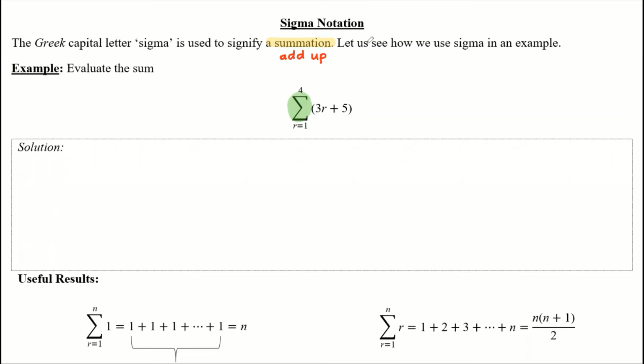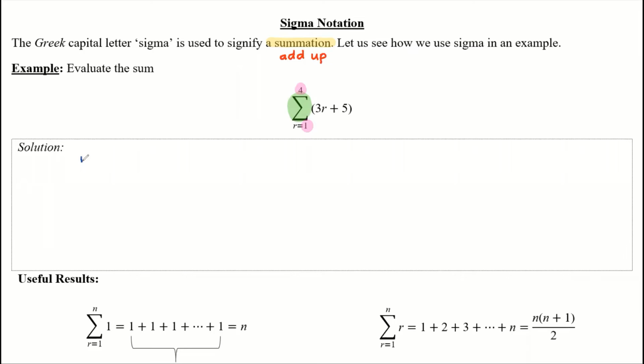We have a lower limit, r is 1, and an upper limit, which would stand for r equals 4. Now, the easiest way to explain this would be just to write out what's actually going on here. So I'm just going to write out the sequence by substituting in these r values. And remember, r would be a natural number because we're talking about terms of a sequence.